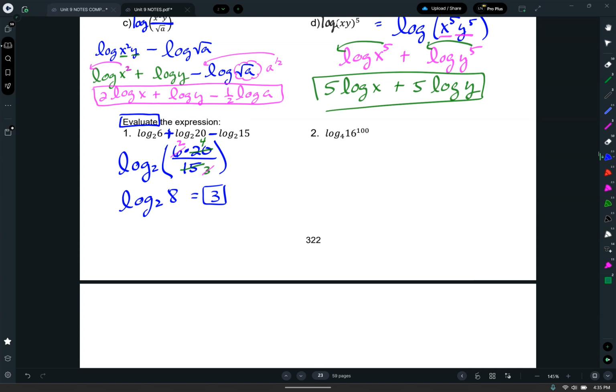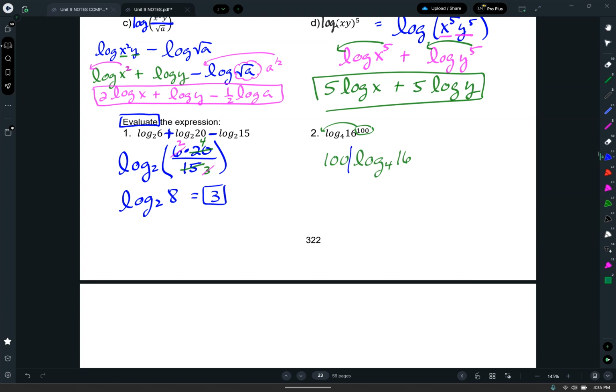Okay, we'll look at number 2. All right, so it's only one logarithm, that's true, but when you look at this, what part of this makes this seem really hard? For most people, they would say, well, it's the 100. If that 100 just weren't there, this would be easy. All right, well, let's move that 100. It's an exponent, right? Let's move it down in front. So I've got 100 out in front of log base 4 of 16.